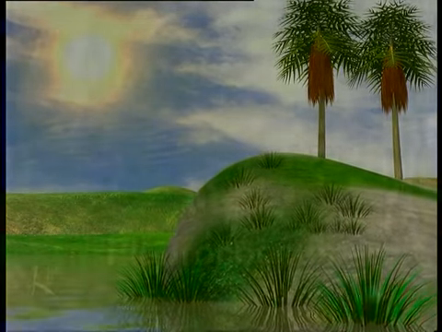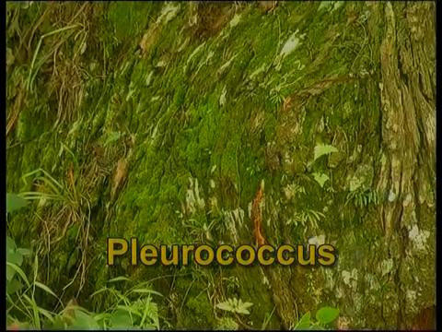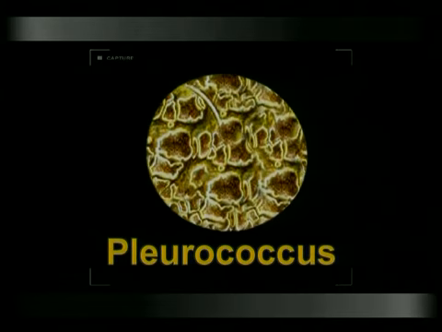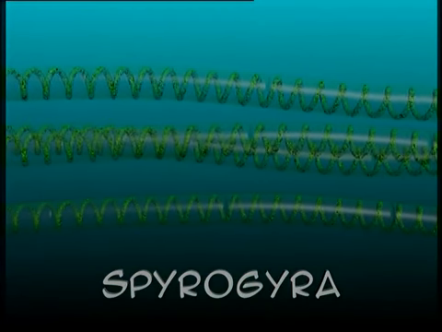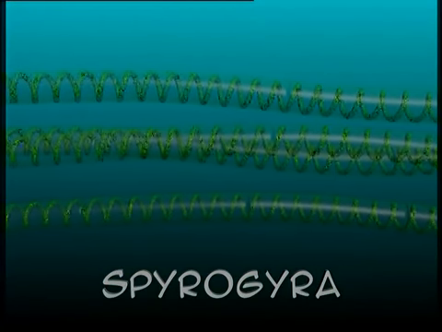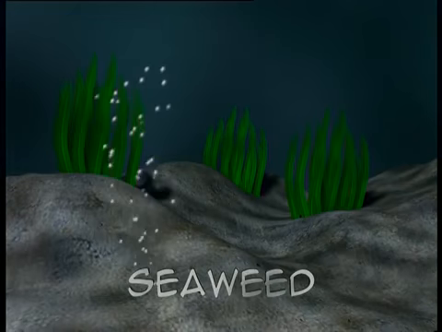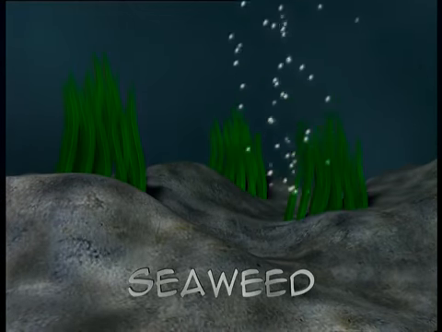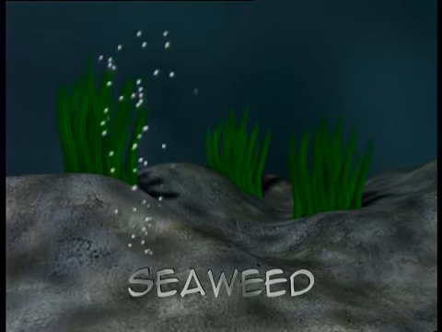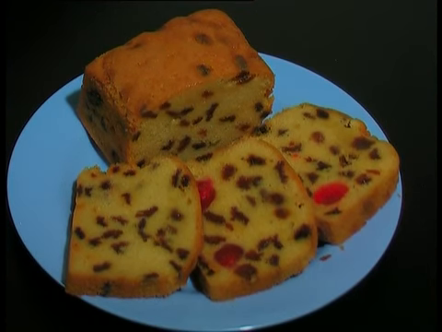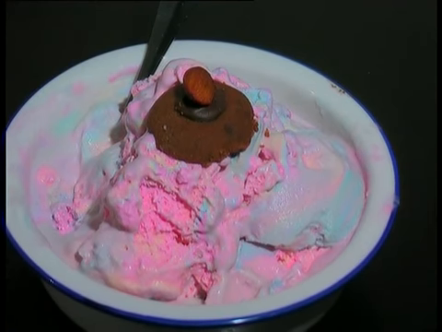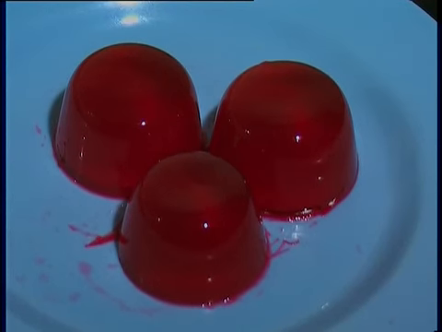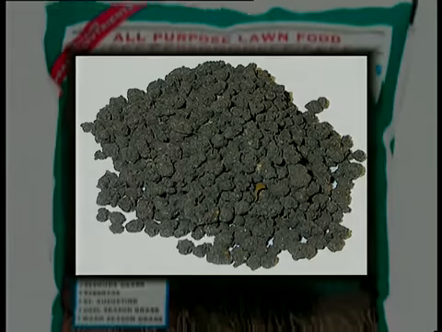Some are unicellular, such as Pleurococcus, while others are multicellular, such as Spirogyra and seaweed. Some algae, like the seaweed, are used as food or harvested for useful substances such as agar or fertilizer.